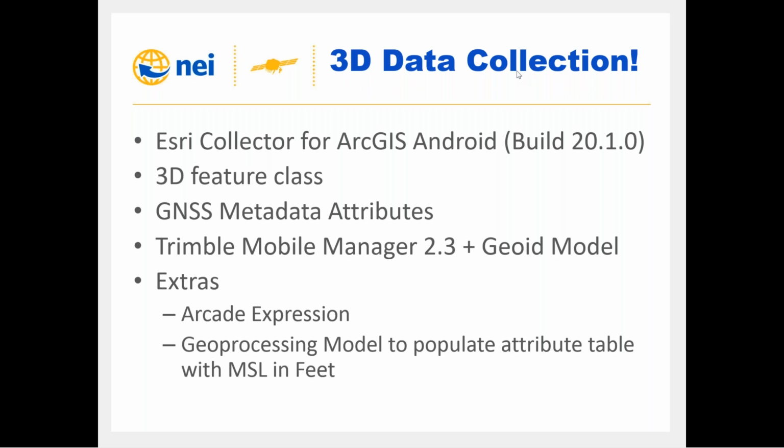As Aaron mentioned and went over with Trimble Mobile Manager, that is version 2.3, and I'm running the current geoid model. He said 18. And then at the end here, you can set up the Arcade expressions, and you could go a step further and do a geoprocessing model to populate an attribute table. I'll go through all this stuff individually through the slides.